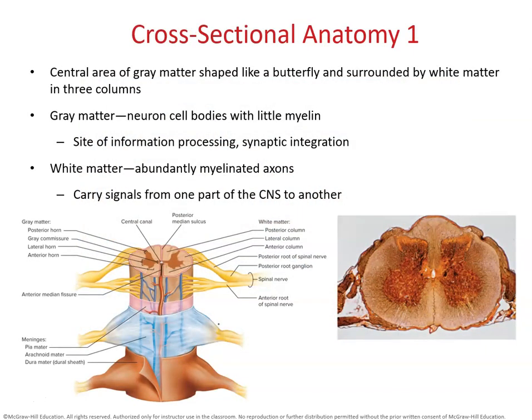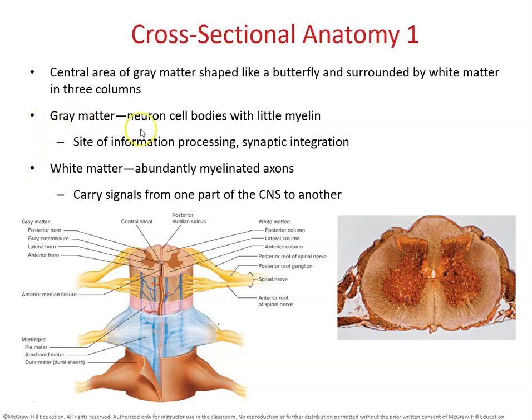So if we look at a cross-section of the spinal column, we can see a butterfly-shaped area of gray matter, and it's surrounded by white matter. White matter is on the outside there. And these two things have very different structures.